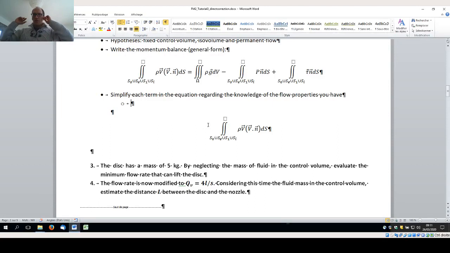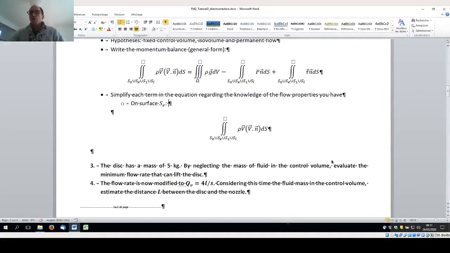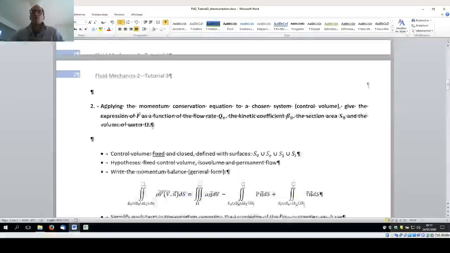Usually you cannot say so much, but we'll see how to simplify it. On the surface SE, which is the exterior surface, you can probably know a flow property about what's happening on this surface.